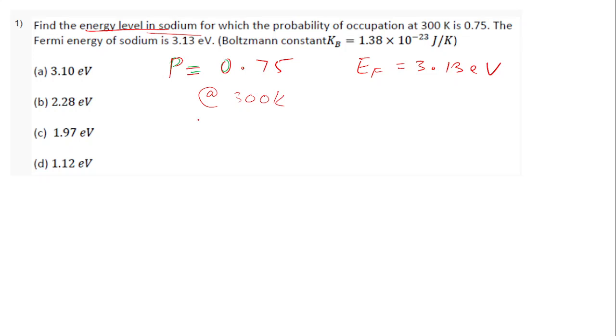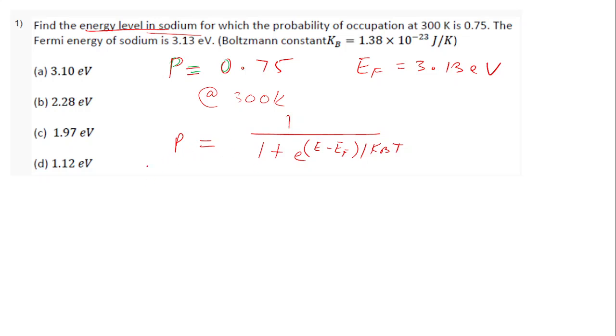Okay, we have to find the energy level for which the probability of occupation at 300 Kelvin is this. So the formula is, probability of occupation is given by 1 over 1 plus e to the power (E minus EF) by kBT. Here we have to find the energy level. Fermi energy is given.